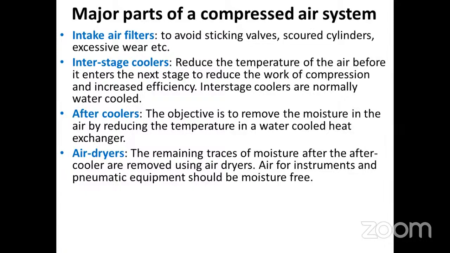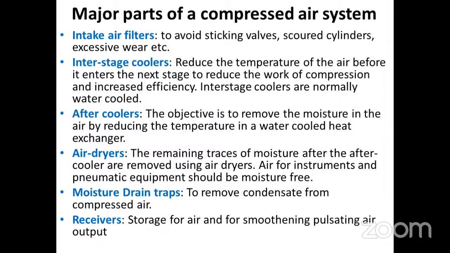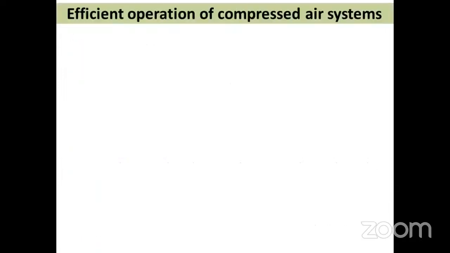The remaining traces of moisture after the after coolers are removed using air dryers, because for instruments and pneumatic equipment, the air delivered should be moisture free. Moisture drain traps. These traps remove condensate from compressed air. Receivers are storage tanks to avoid the pulsating air.